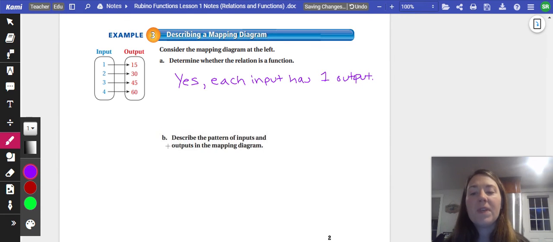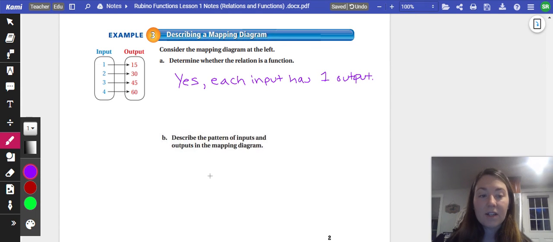Okay, and now part B. It says describe the pattern of inputs and outputs in the mapping diagram. So when we're asked to describe the pattern, this is similar to what we have been doing over the past week in our Do Now problems. Okay, we're describing what each of these inputs and outputs are increasing or decreasing by.